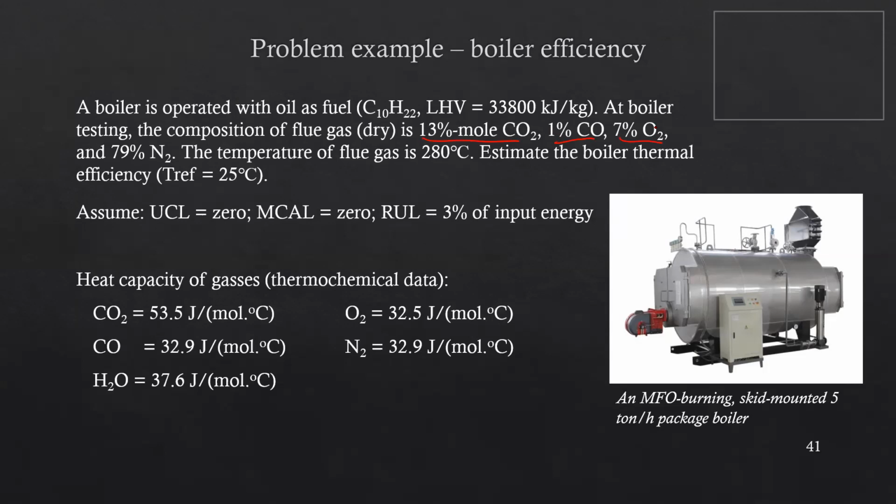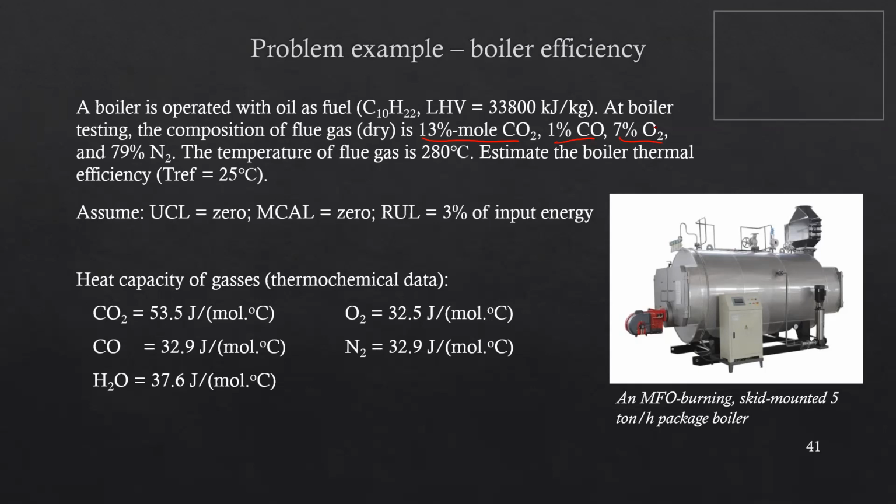And the temperature of the flue gas is 280 degrees C, and we need to estimate the boiler thermal efficiency, where we use a reference temperature of 25 degrees C. And we assume several losses here. So consider the UCL. Anyone still remember what the UCL is?